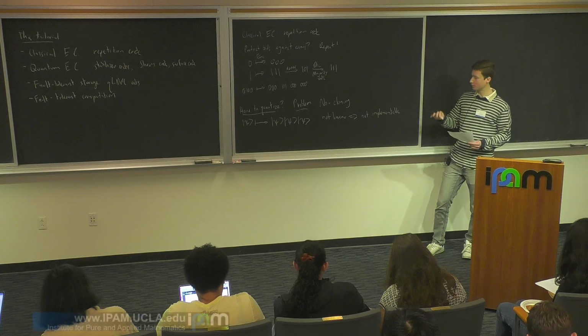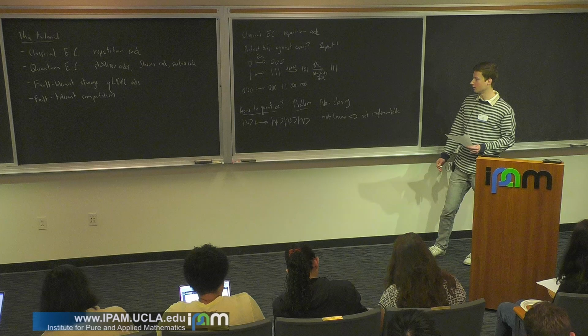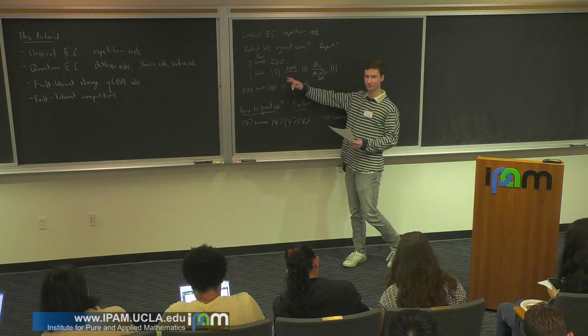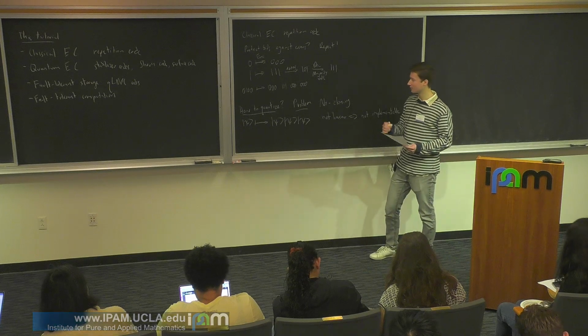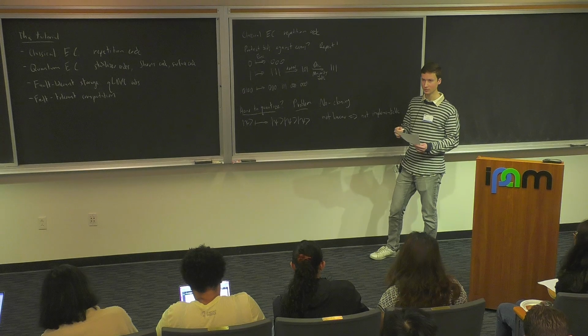In a second, I'll give a brief recap of our notation with quantum mechanics and so forth. But suffice it to say here, we can't even implement this repetition map quantumly. So somehow we should really expect this repetition code to not have a quantum analog.